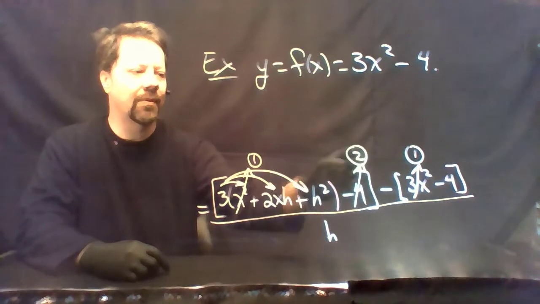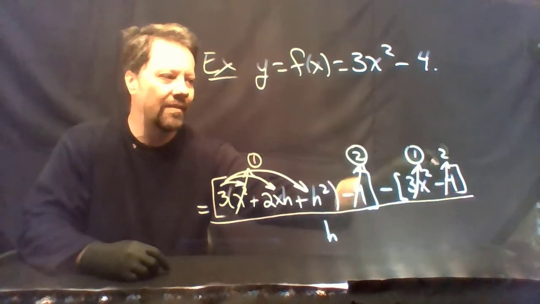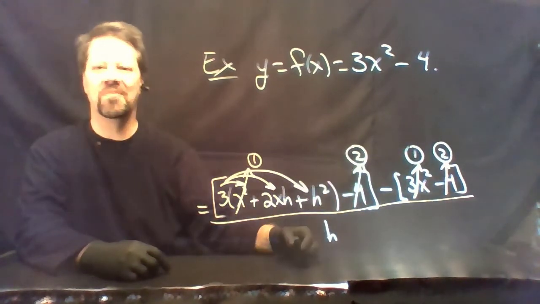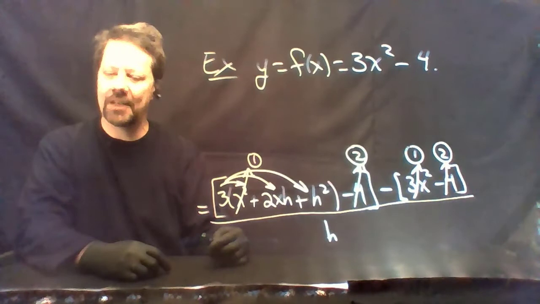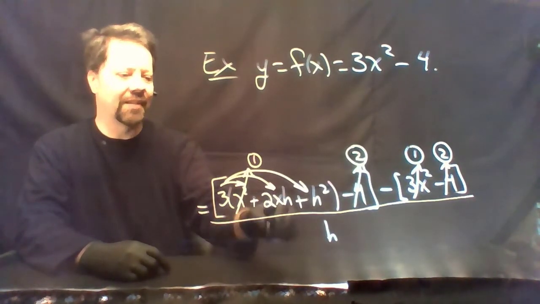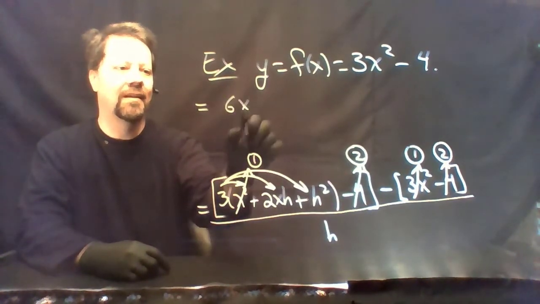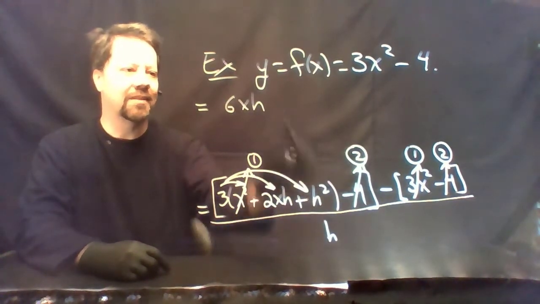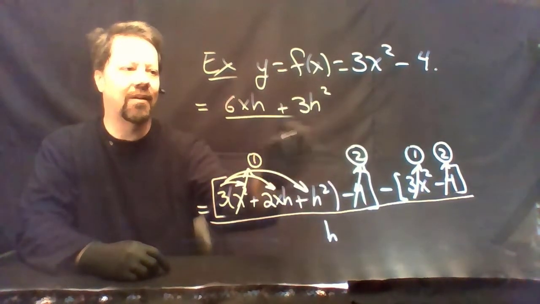The minus 4 cancels with the minus 4 over here. I find that labeling what cancels with what helps me read my notes later on. Distributing, we have 6xh plus 3h squared all over h.